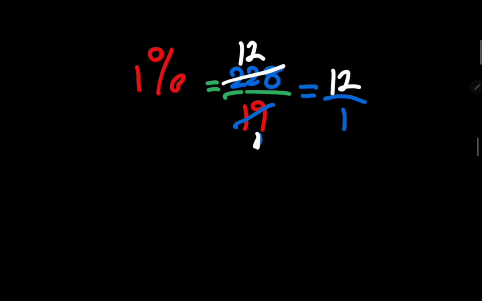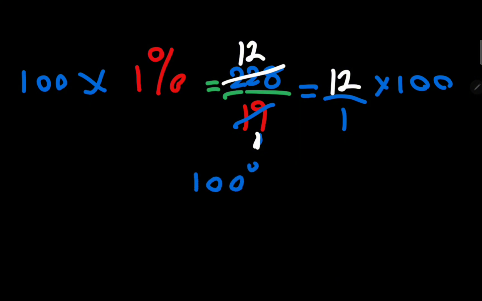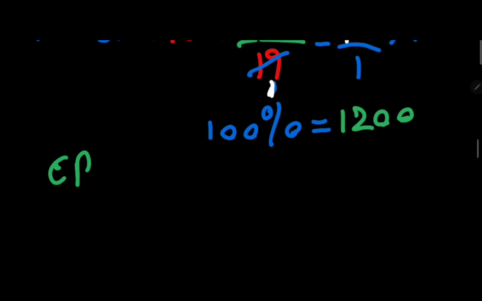So multiply by 100 on the left, we need to do the same to the right. So therefore 100%, sorry, will be 1200. So 1200 was the original cost price. Well, the cost price is also the original, so that would be redundant. So the cost price is 1200.